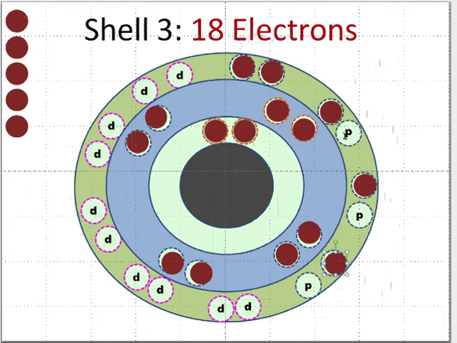We have 3 p orbital spaces that need to be filled, and we have 2, 4, 6, 8, and 10 d orbital spaces that need to be filled. In order for an atom to reach that noble gas configuration, we need to completely fill the highest energy orbitals that have only been partially filled.